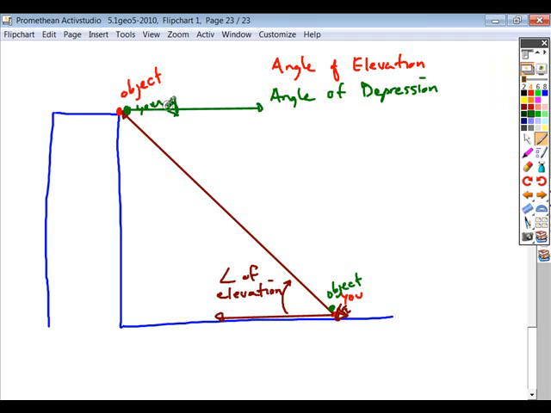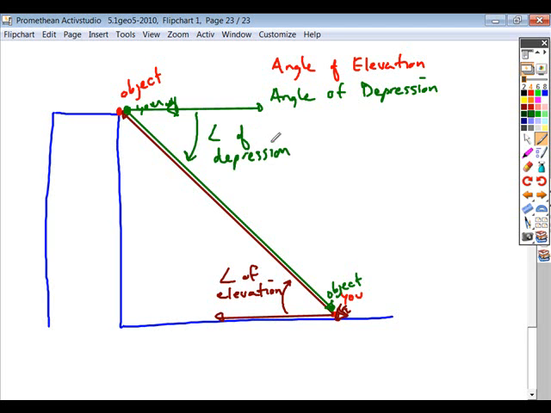You're looking straight across to begin with. The angle of depression refers to the angle that your eyes rotate in the downward direction in order to reach or aim toward an object below you. So here would be your angle of depression.